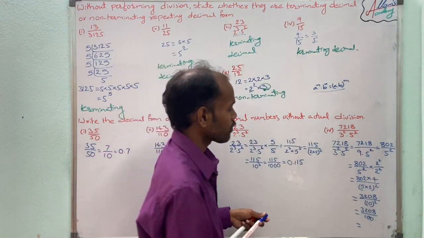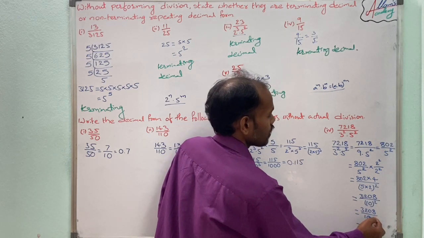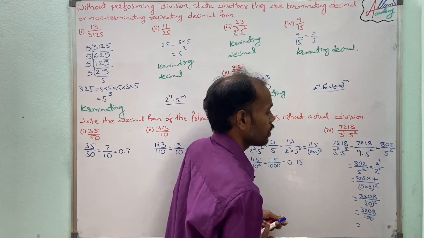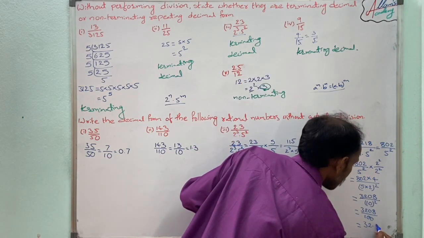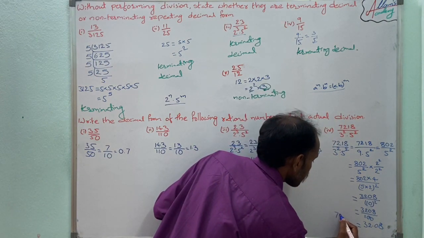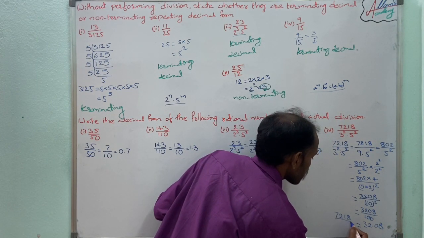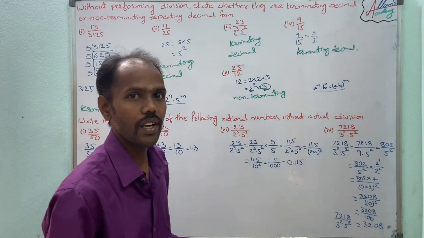Now the denominator has 2 zeros, so we keep the point 2 digits from the end. So the answer is 32.08. That is the simplest decimal form of 7218 by 3 square into 5 square.